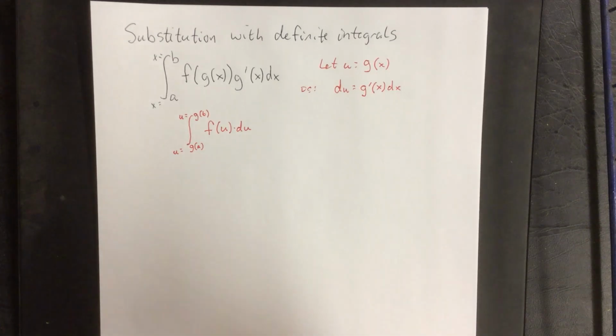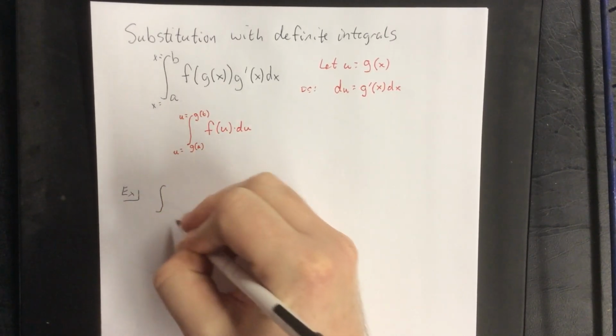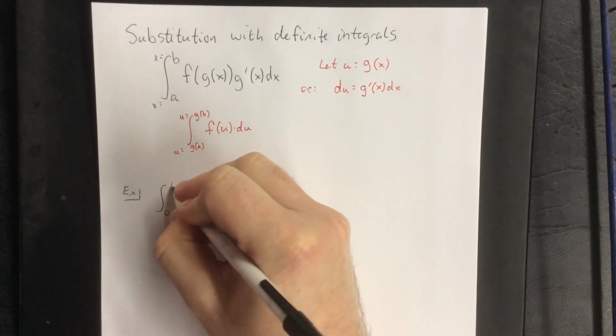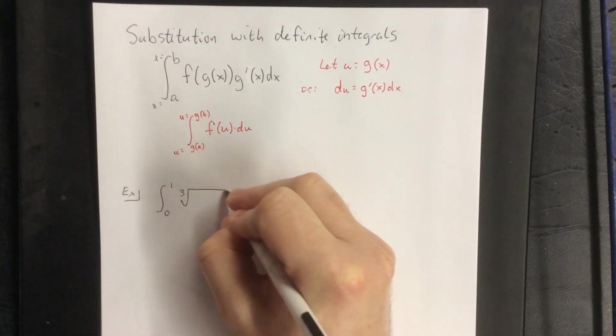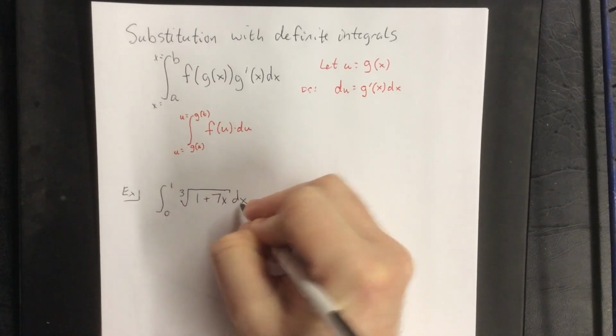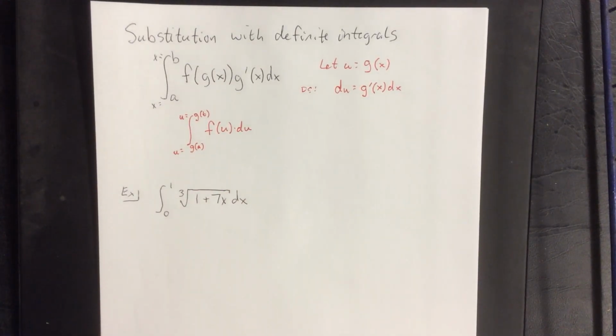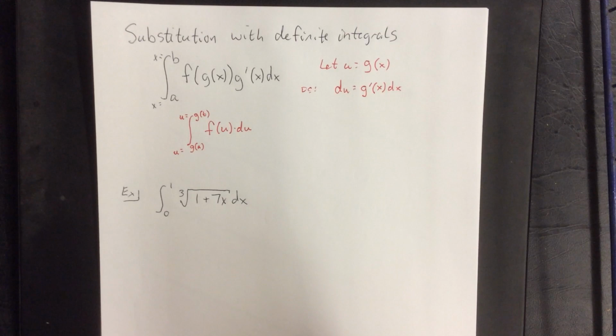So with that in mind, I'd like to consider a couple of cases. For example, let's consider the definite integral from 0 to 1 of the cube root of 1 plus 7x dx. Now we recognize this as a substitution problem due to the fact that we have a function inside of another function.